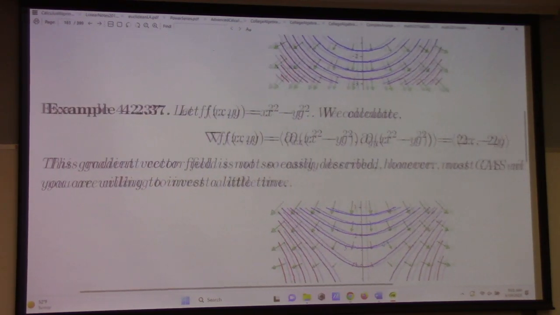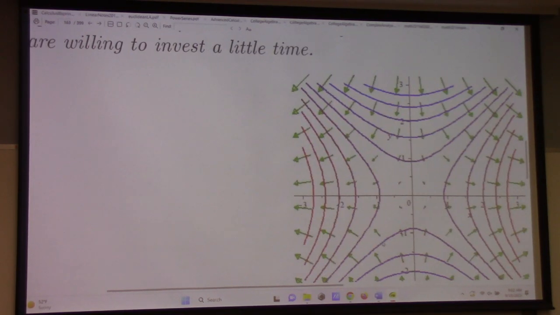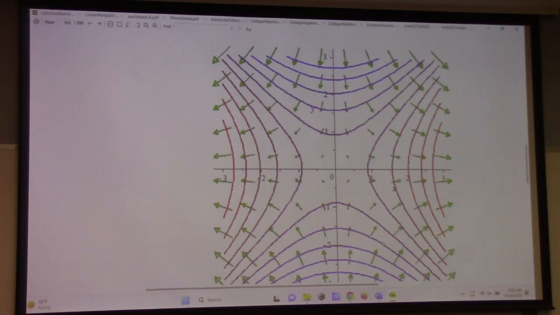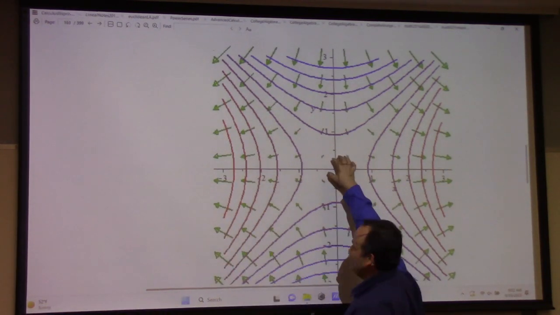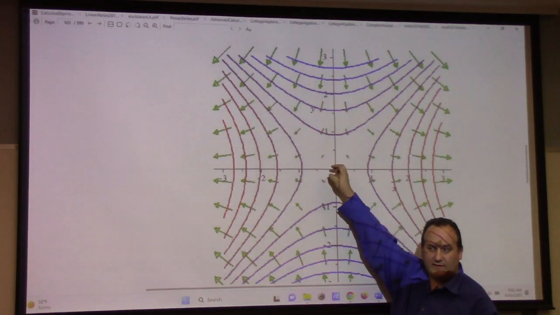Let me zoom in a bit so we can see it better. Away from the origin on the x-axis, it's changing less at the origin, right? The origin is a place where the gradient vector fields are all going to 0. The origin's a critical point.